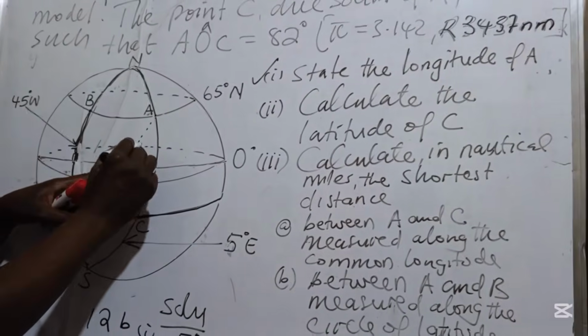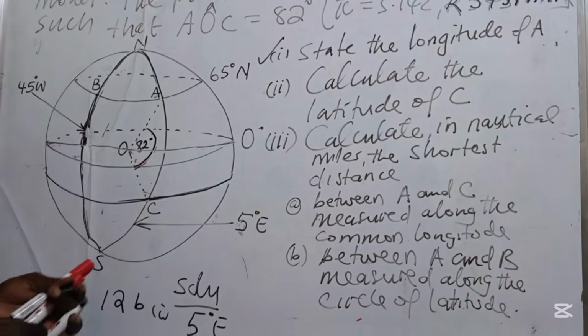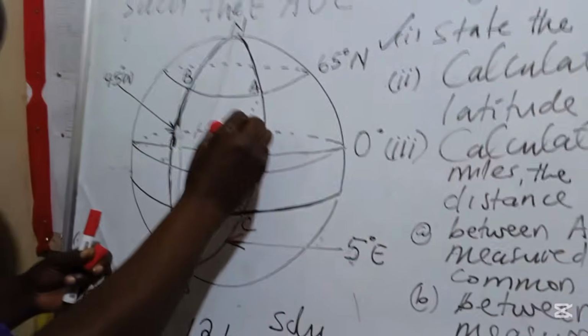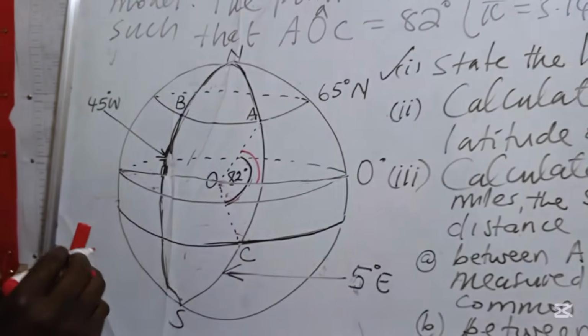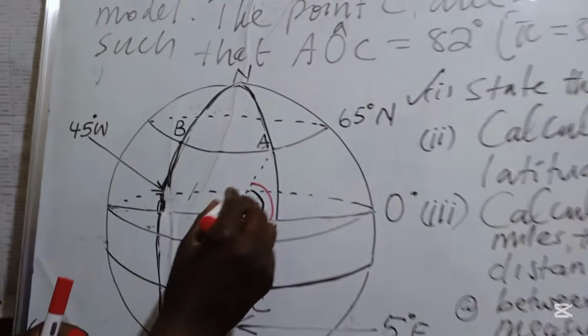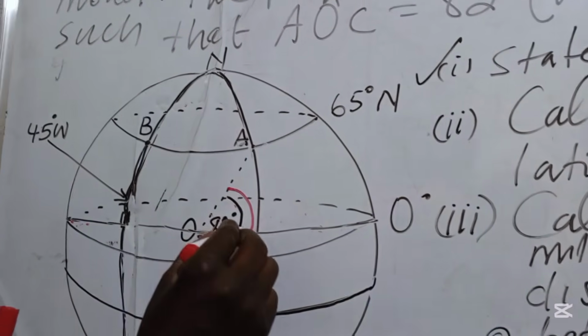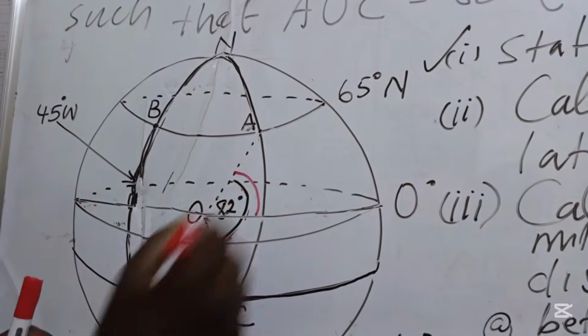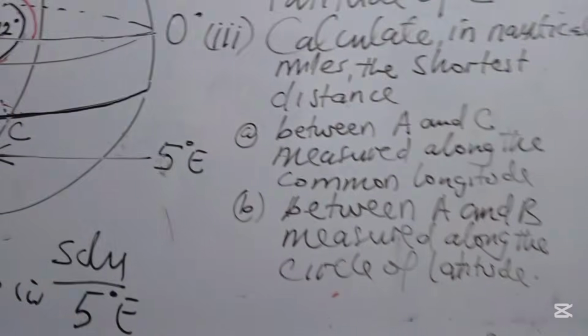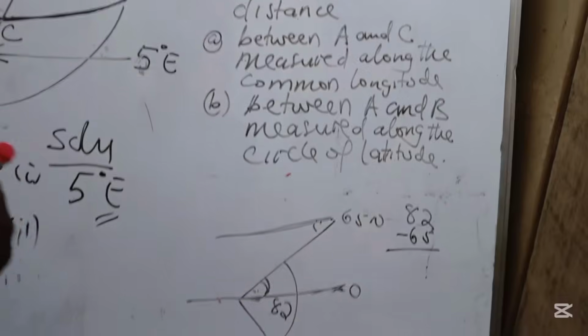Allow me to use a different color. I'm saying the angle from there to there is 65. So I should subtract it from 82.